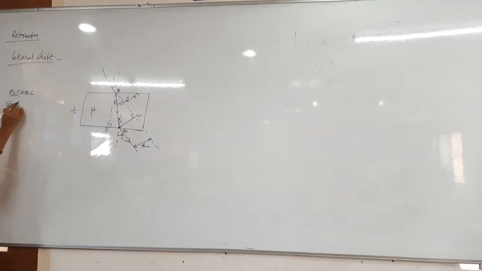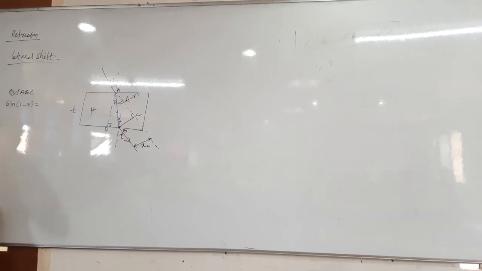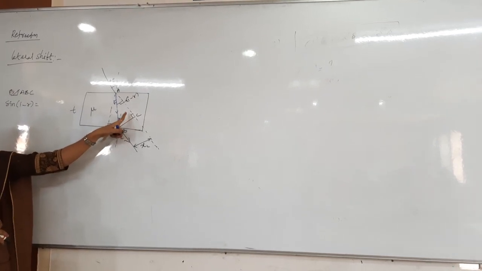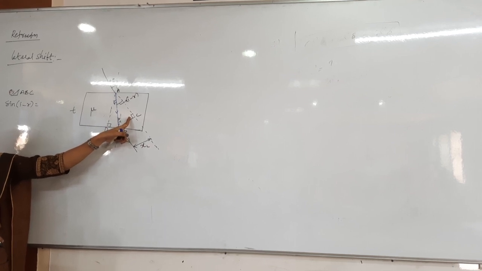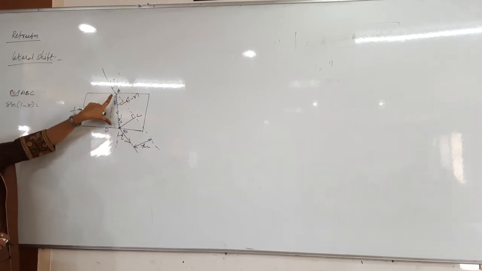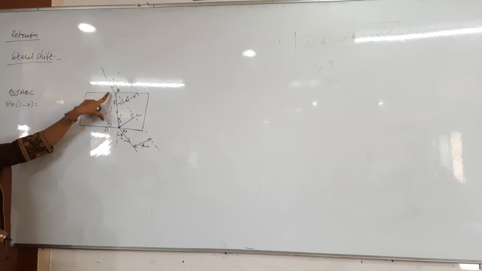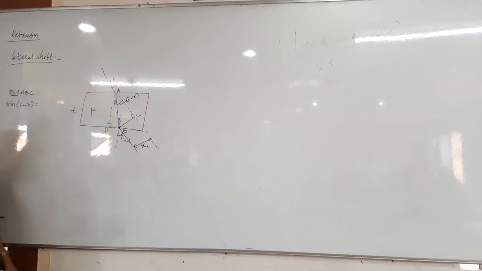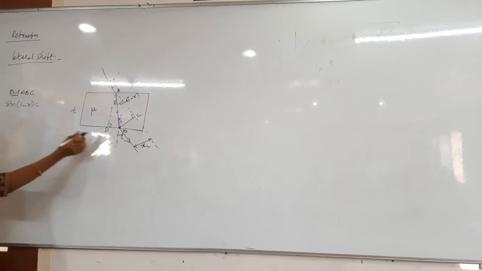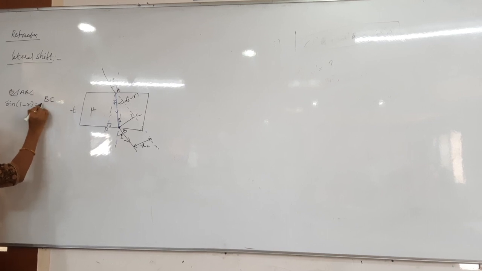Opposite here is BC, the angle here is 90 degrees, so this is the adjacent. Opposite, adjacent and hypotenuse. Which is the hypotenuse here? AB is the hypotenuse. So sin(i minus r) is equal to the opposite BC divided by the hypotenuse AB.